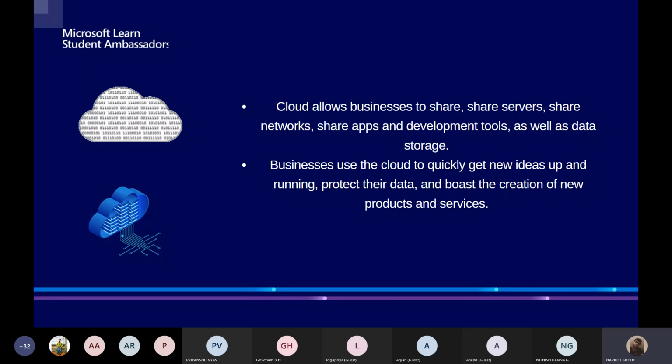Many businesses use a blend of cloud computing resources, which are currently known as hybrid clouds. I'll be covering types of clouds later. They buy services from multiple cloud providers, as in you as a user can use some services from Google, some provided by Azure, and some provided by AWS, depending on your use case.